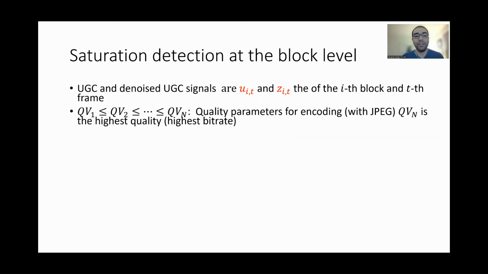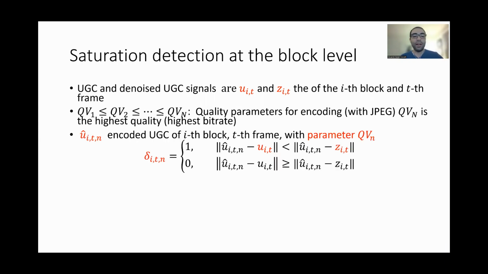QVN, which is the largest value, gives the highest quality, the highest bitrate. And then U hat ITN is basically the encoded UGC of block I, frame T, with parameter QVN. And we say that this block is saturated for this parameter if it is closer to the UGC signal of the block than to the noise signal.